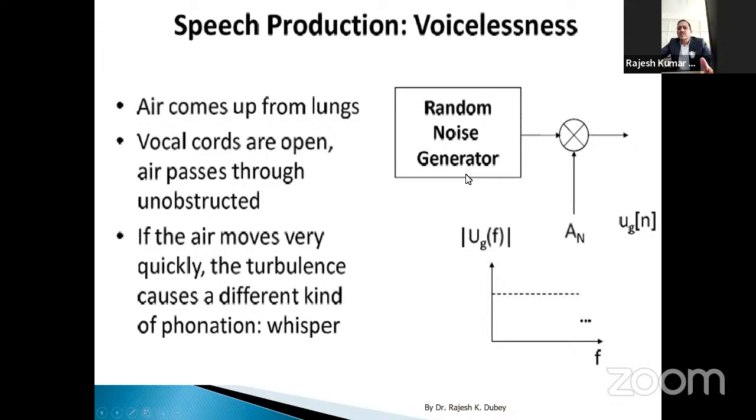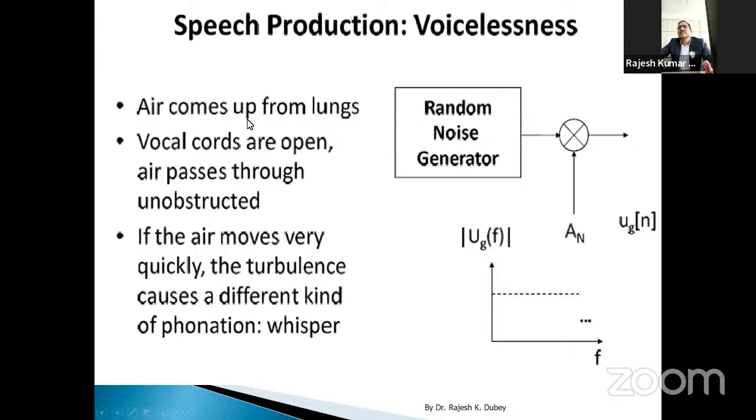So from the point of view of speech communication and transmission, there is no need to transmit the unvoiced part because it is random noise-like, and we can generate it locally at the receiver end. So to reduce the bit rate of speech signal transmission, we can focus only on the voiced part of the speech signal. The unvoiced part can be locally generated as random noise using a random noise generator.